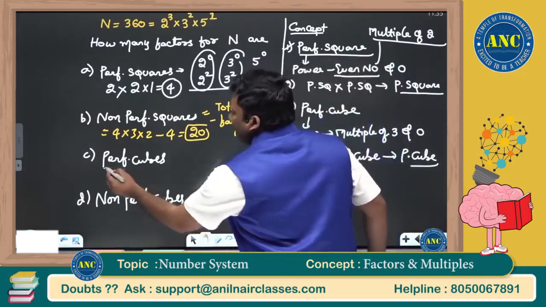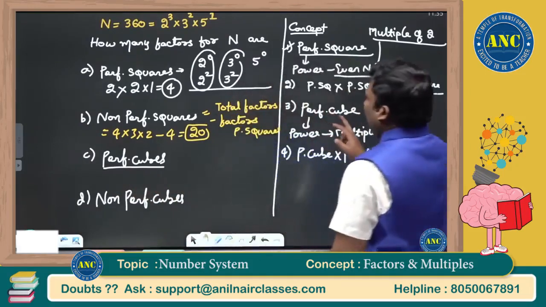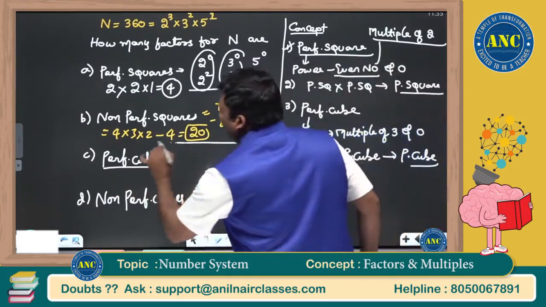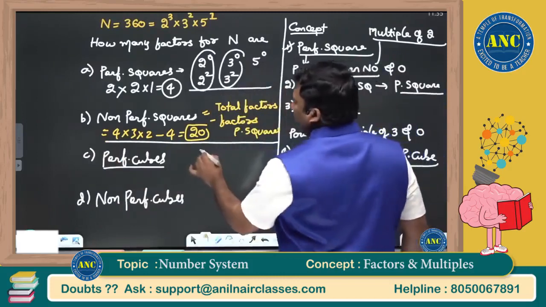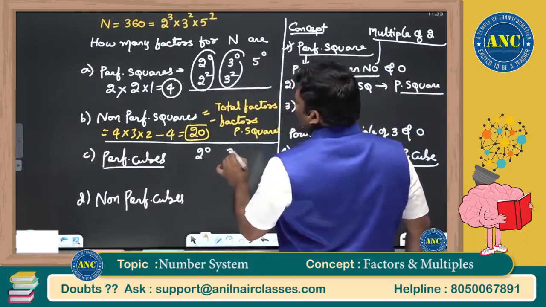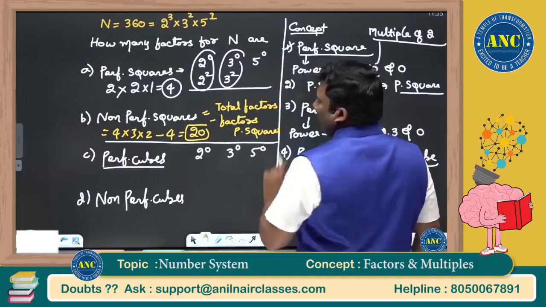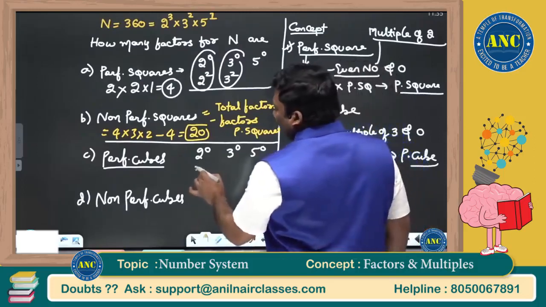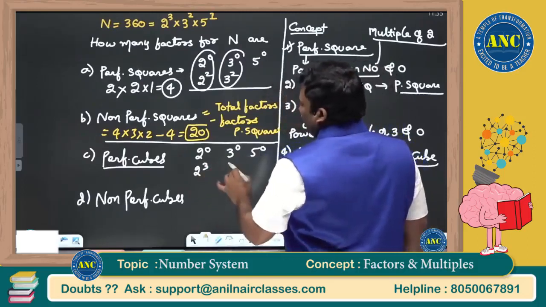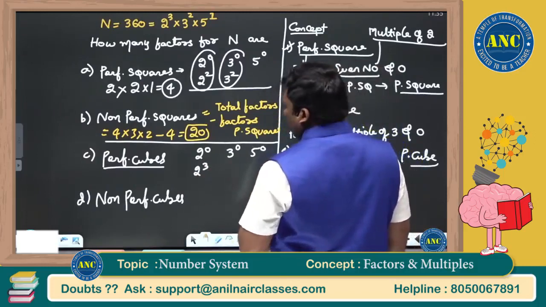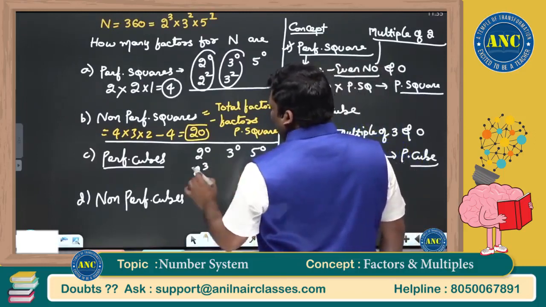Next one. Perfect cube will have power a multiple of 3 or 0. So 2 power 0, 3 power 0, 5 power 0. Perfect cube, it is 2 cube. Next, there is nothing beyond 3 power 2, so eliminated.